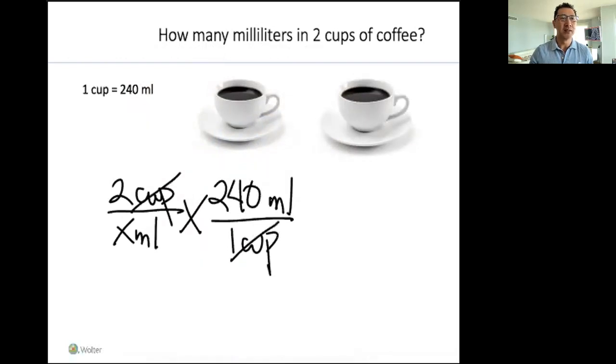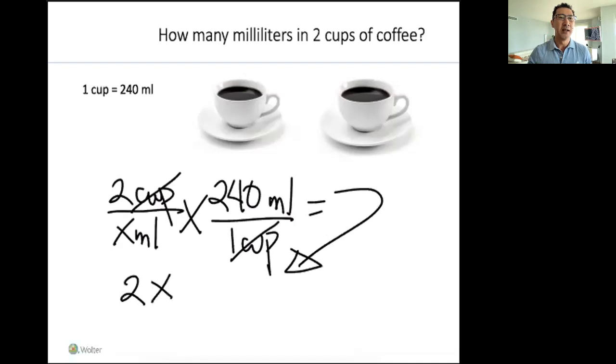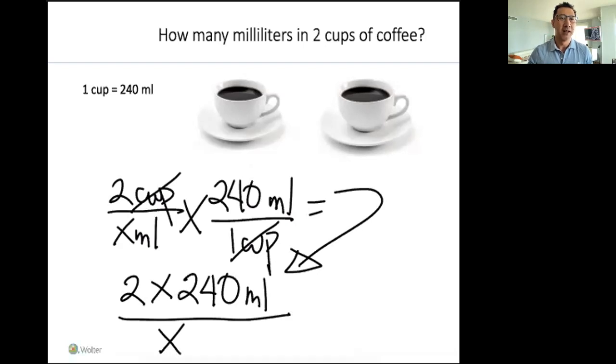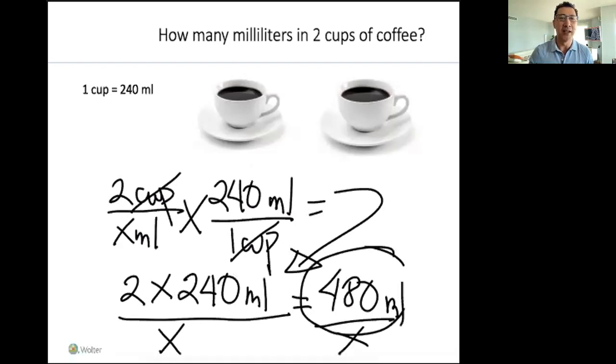Cross multiply. 2 times 240 mL is 480 mL. You can probably look at the question and give me an answer in half a second, but here's the solution. Work it out for future use.